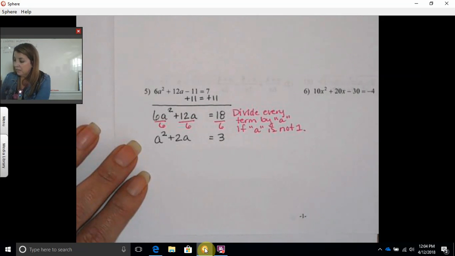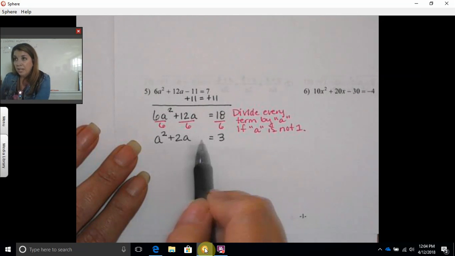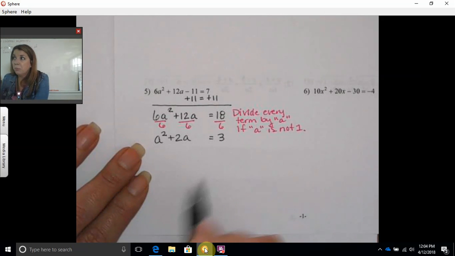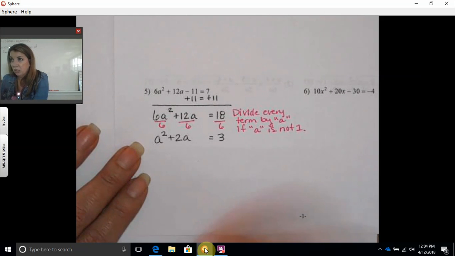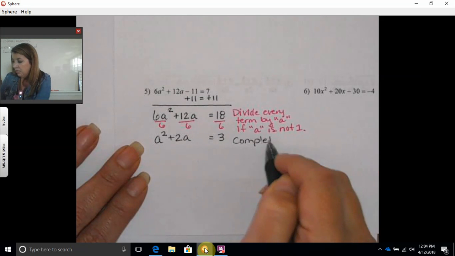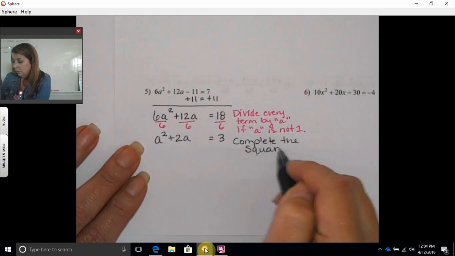Now we have to figure out what constant we are going to put on the left to create a perfect square trinomial. That process is called completing the square.